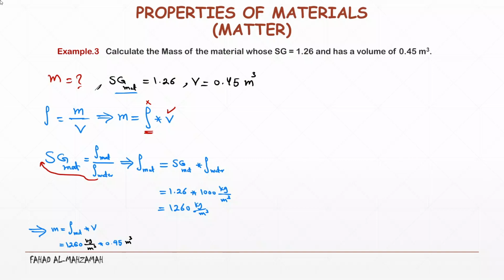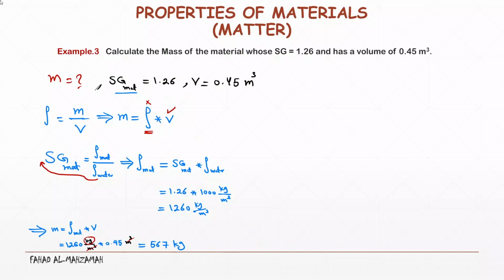And we can see that cubic meter can be cancelled with the cubic meter of the density, and we are left with kilogram, which is a unit of mass. So we just do the math, 1260 multiplied by 0.45, the mass is 567 kilogram. This is the mass of the material.